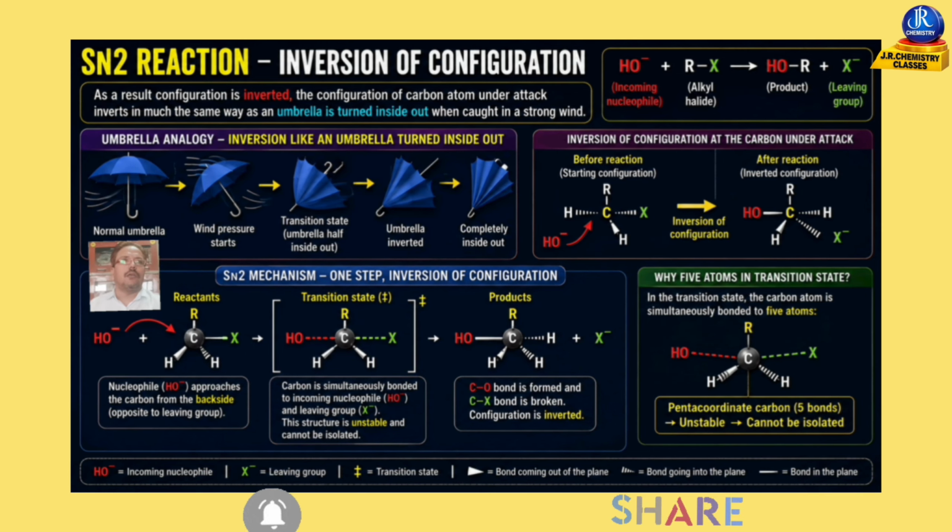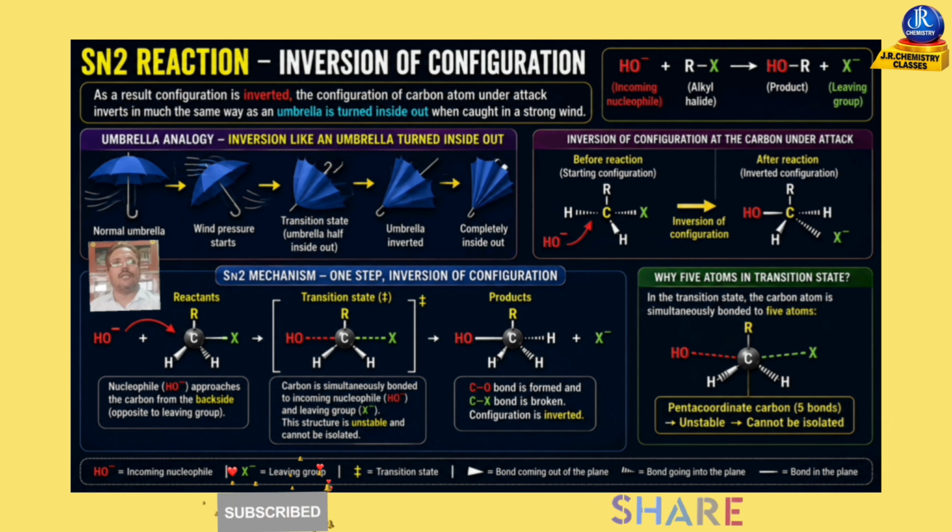As a result, the configuration is inverted. The configuration of the carbon atom under attack inverts in much the same way as an umbrella is turned inside out when caught in a strong wind. This process is called inversion of configuration.